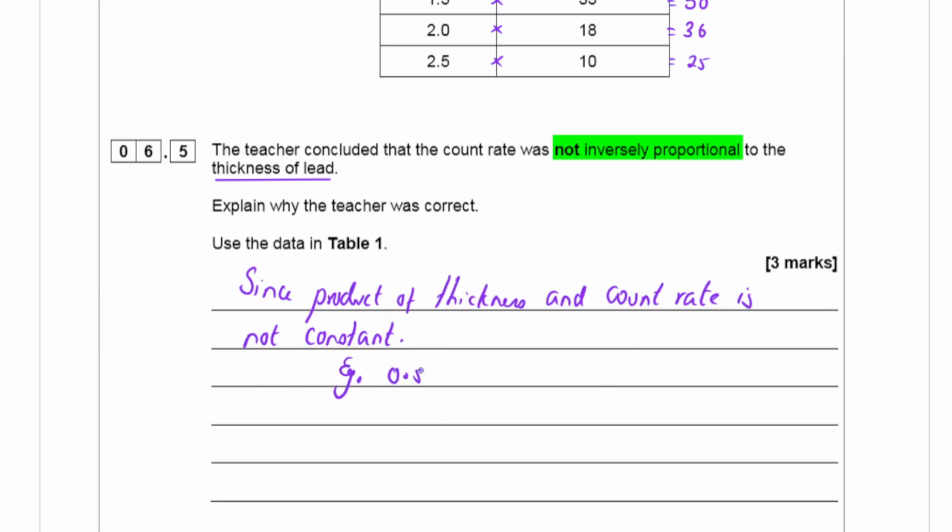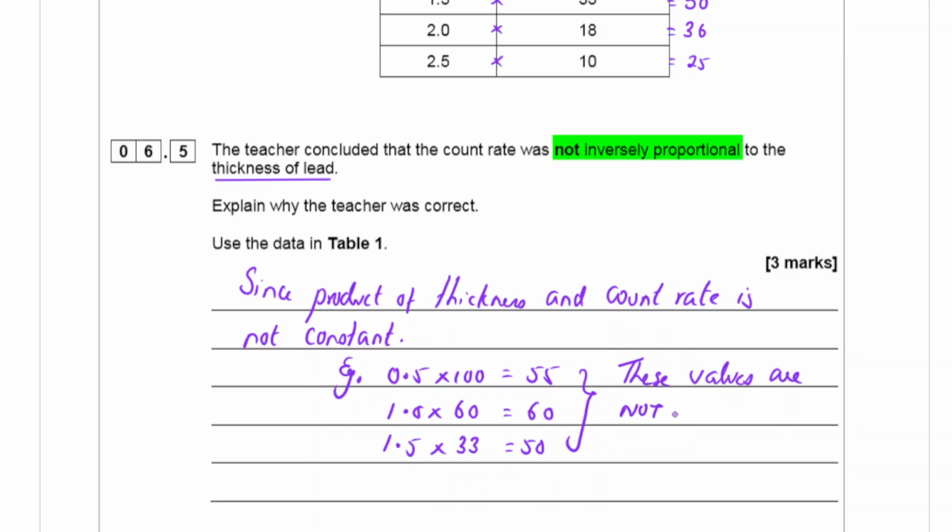Example, 0.5 times 110 equals 55. 1.0 times 60 equals 60. You just need to give two calculations, but let's do three calculations. 1.5 times 33 is 50. So these values are not the same.